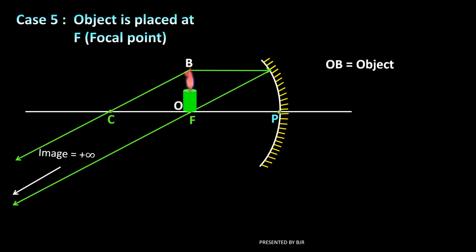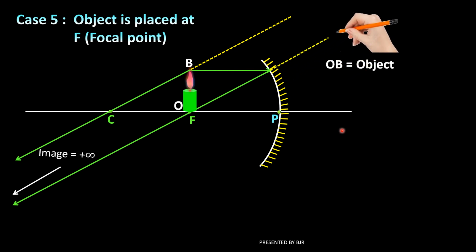Because these are the reflected rays, and if you extend them backwards, there is a possibility that the image may be formed this side also. The image may be formed due to the extensions of these two reflected rays.